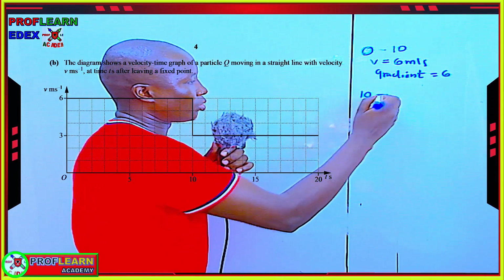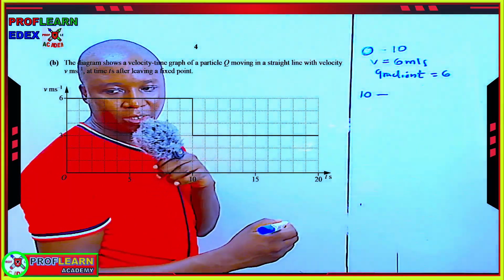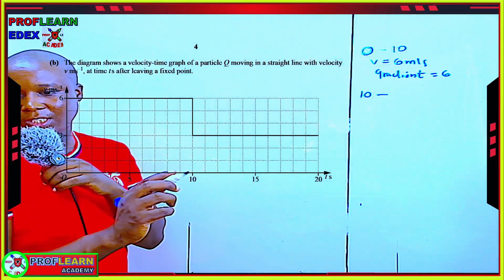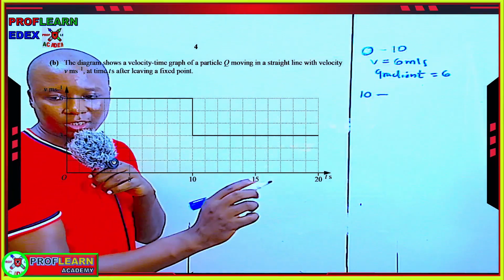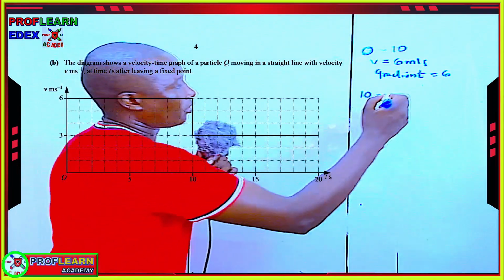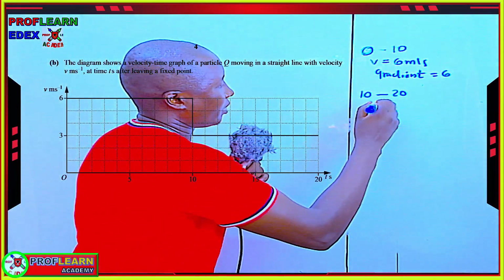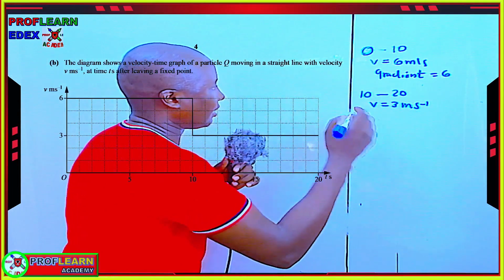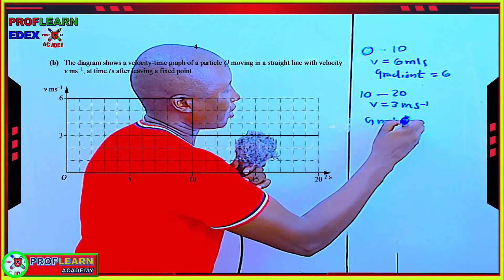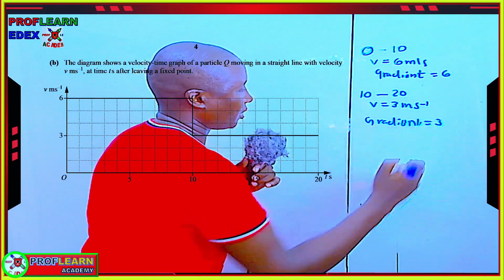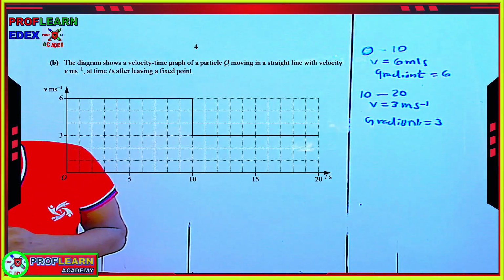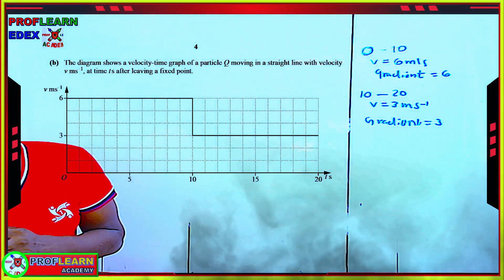From 10 all the way to 20, velocity is constant, which is 3 meters per second, and it means the gradient in your graph is going to be 3. So let us now go ahead and try to draw that graph so that we can earn our marks.